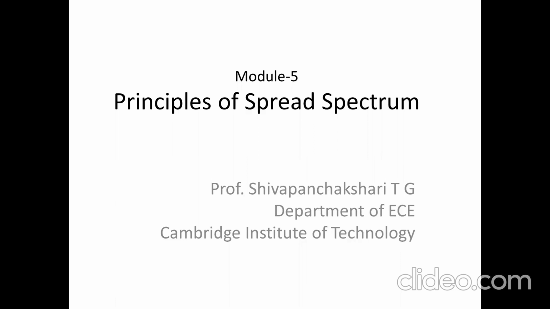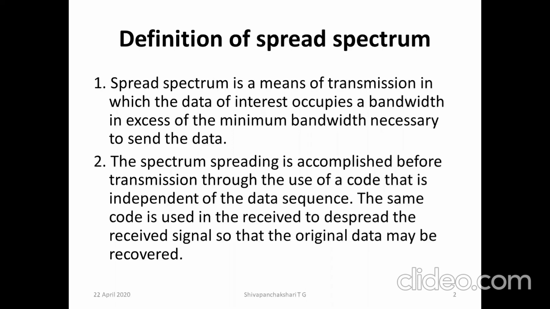Today I'm going to discuss with you the principles of spread spectrum technology. The spread spectrum technology is one of the most used technologies after the Second World War. This technology was used in the Second World War to identify and avoid the effect of interference caused by the enemy.